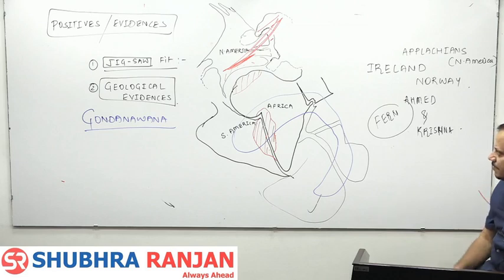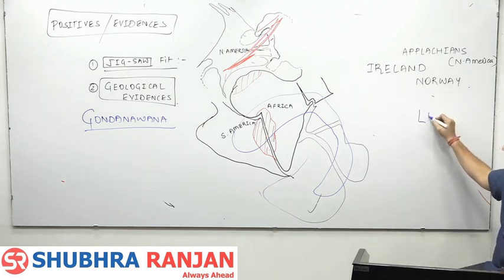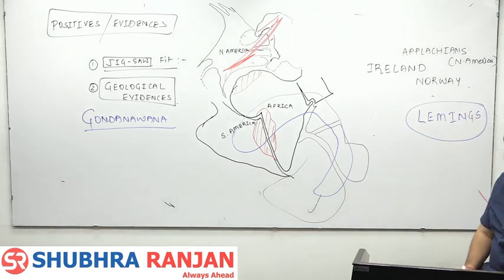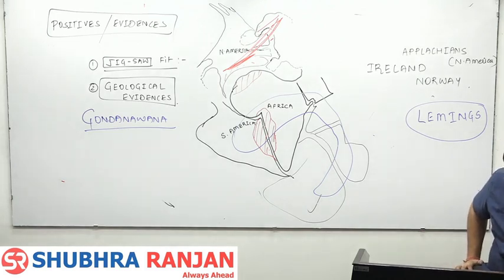Zoological evidences include the behavior of lemmings, which have a tendency to migrate westwards whenever there is an increase in their population.